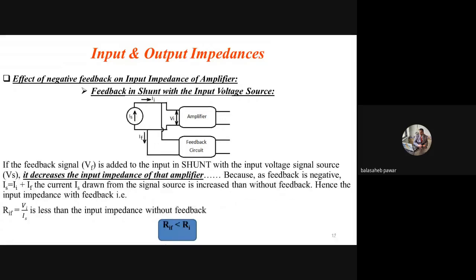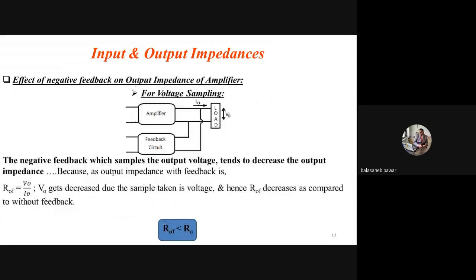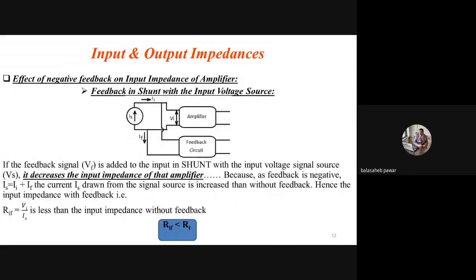Similarly, for next one, if there is shunt type of mixing, okay, that means the feedback network will be in shunt with the input signal source, and as it is in shunt, during our previous discussion, already I highlighted, whenever that two sources are connected in parallel, both should be current sources, then and then they will get mixed with each other, either in phase or out of phase, okay.